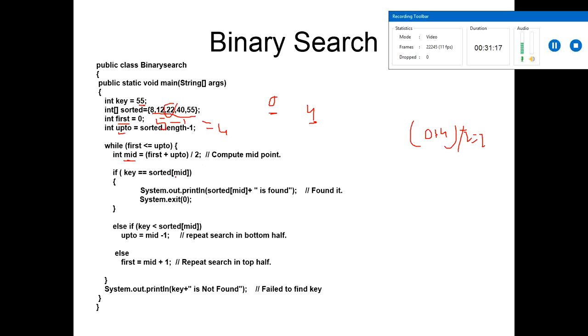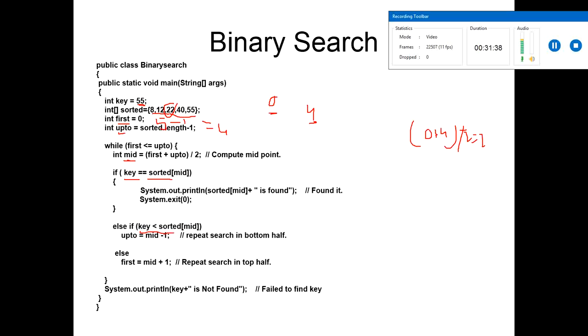After finding the middle element, what are we going to check? We are going to check if key is equal to sorted mid. Is my key equal to the middle element? If yes, that means I have found the key. Otherwise, I will check if key is less than sorted mid.